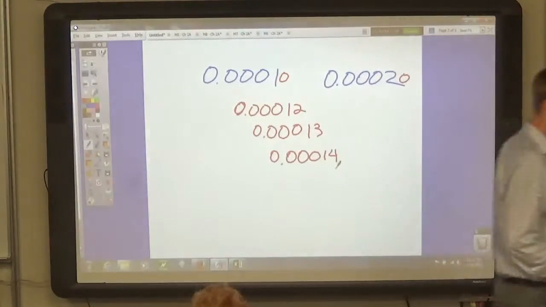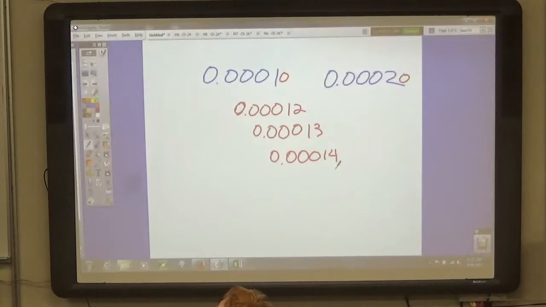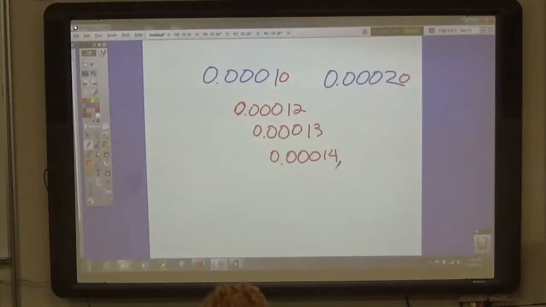Okay, let's take a look at your worksheet. We're going to start by writing numbers in word form, and these all the way across.